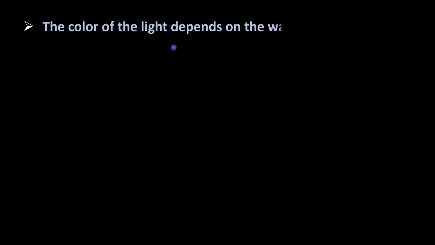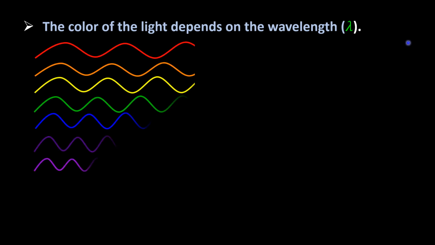The color of the light depends on the wavelength lambda. Okay, that means different colors of lights have different wavelengths. See here, red light, this is the orange, yellow, green, blue, isn't it?